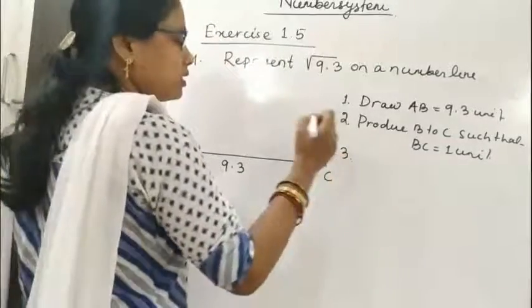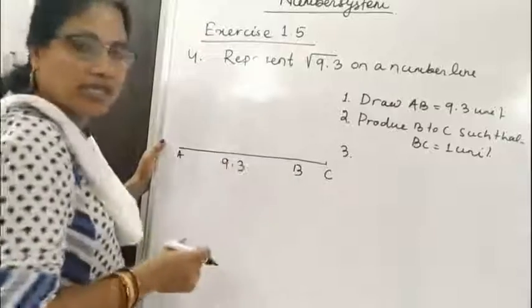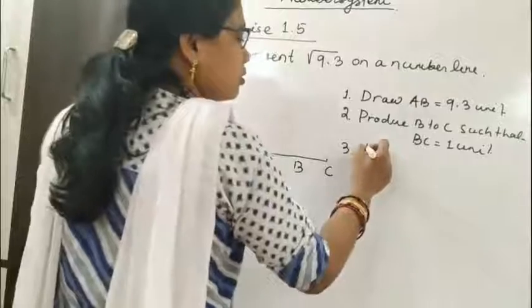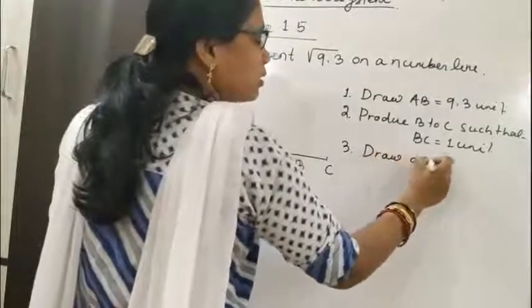Then the third step is, by taking AC as diameter, we have to draw a semicircle.